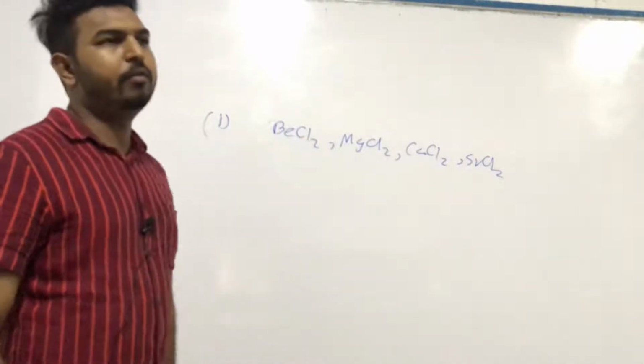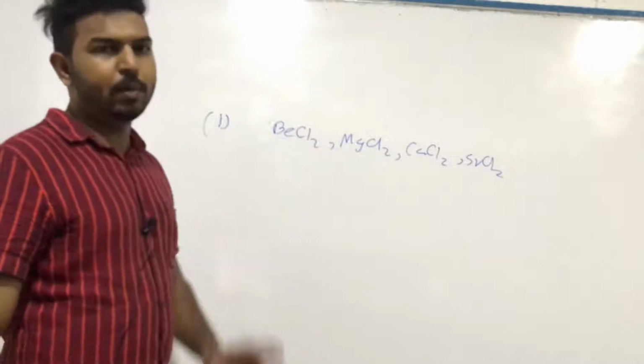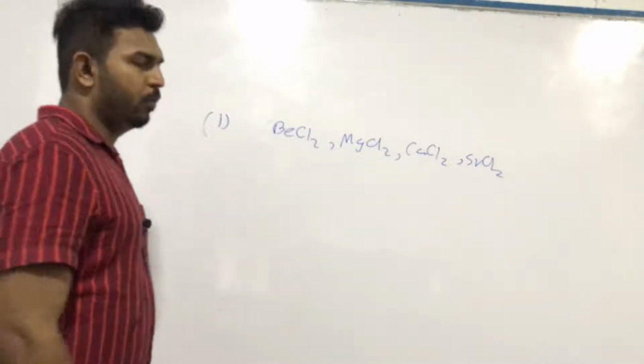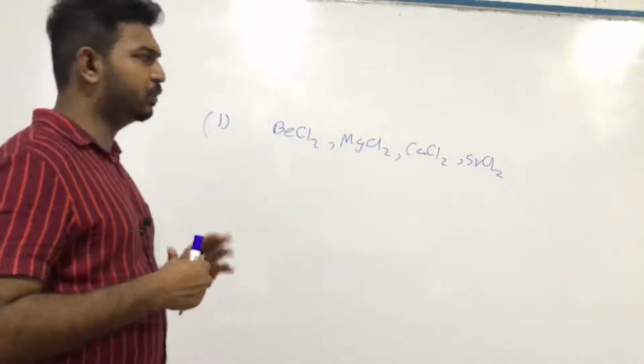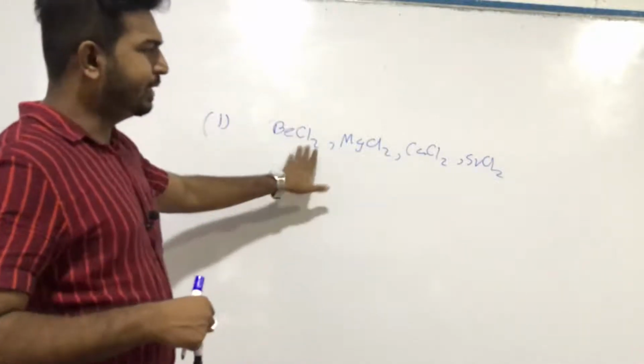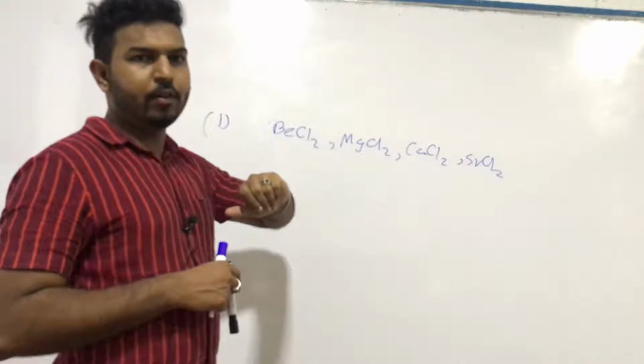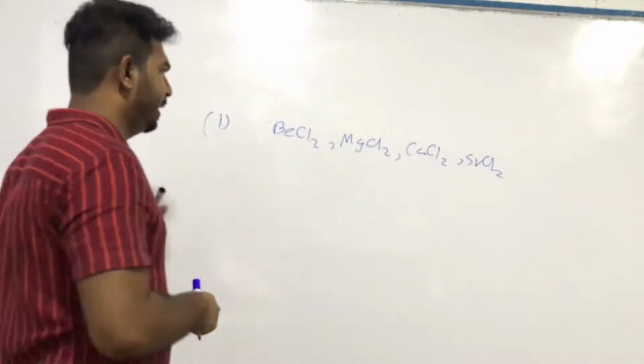We can be given any of these properties. So first we have to consider the ionic nature according to Fajan's rule. The anion is common for everyone, so we have to consider the cation.